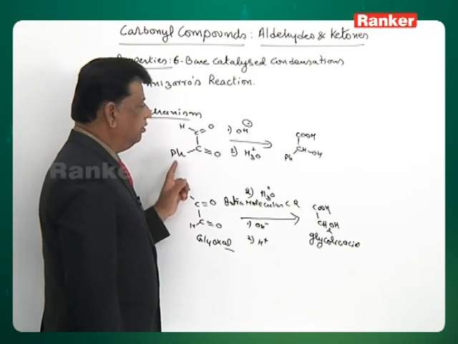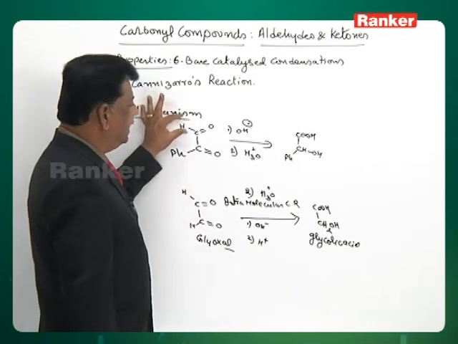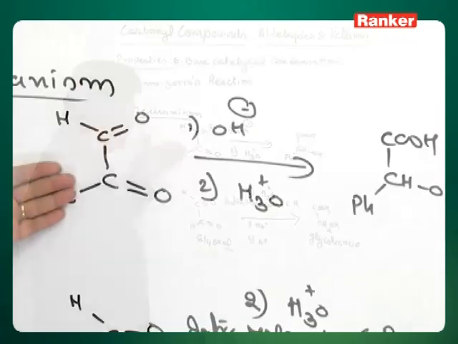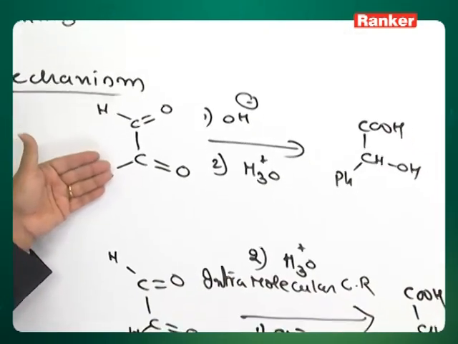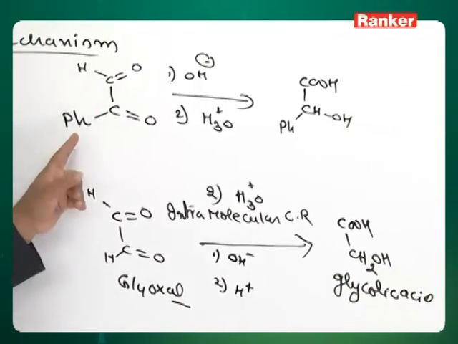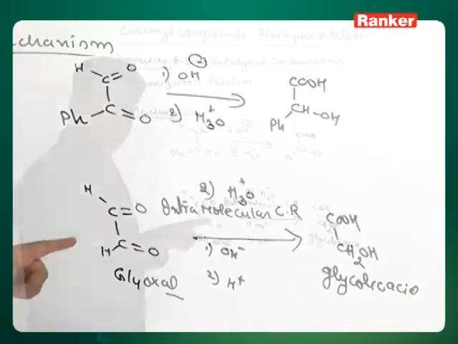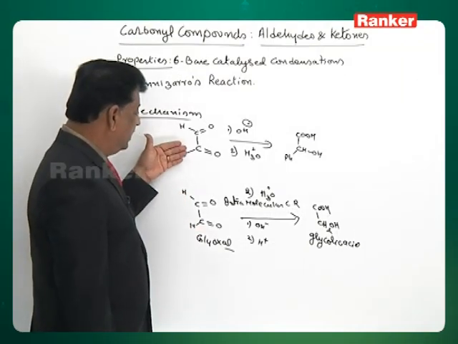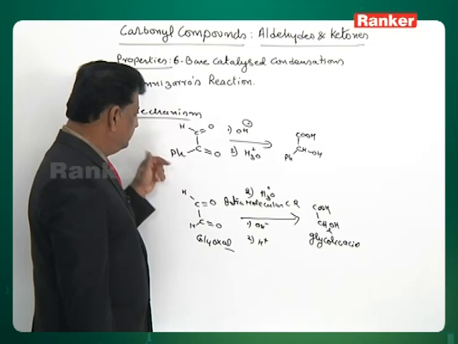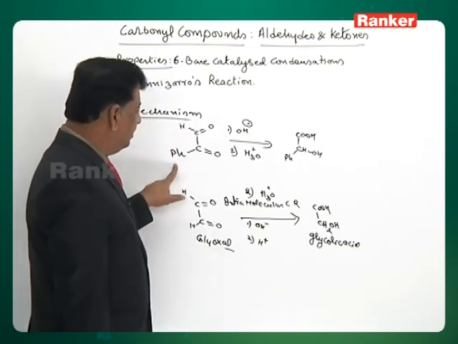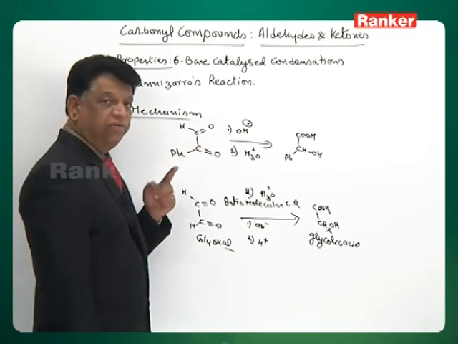So, this compound gives the aldehyde part undergoing oxidation and the ketone part undergoing reduction. Instead of phenyl, if a CH3 is there, the CH3 hydrogens will be removed, an anion will form and attack the other compound, and aldol condensation takes place. Therefore, while giving an example, one must be very careful to take only the aromatic case, so that there is no alpha hydrogen, and both are eligible for the Cannizzaro reaction.